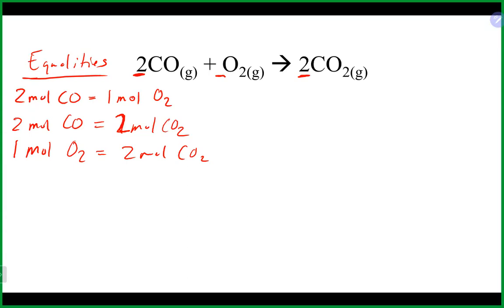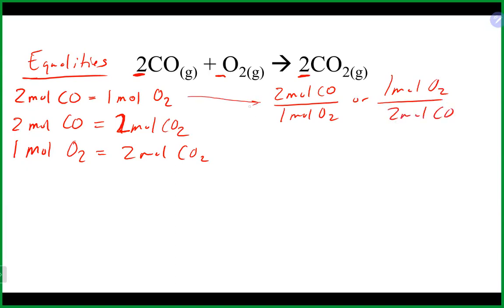Now, these are equalities, and we treat them like the equalities that we saw in the beginning chapter. Any equality, you can write 2 conversion factors from. In this case, we could say that there are 2 moles of CO over 1 mole of O2, or 1 mole of O2 over 2 moles of CO. That is our first relationship.